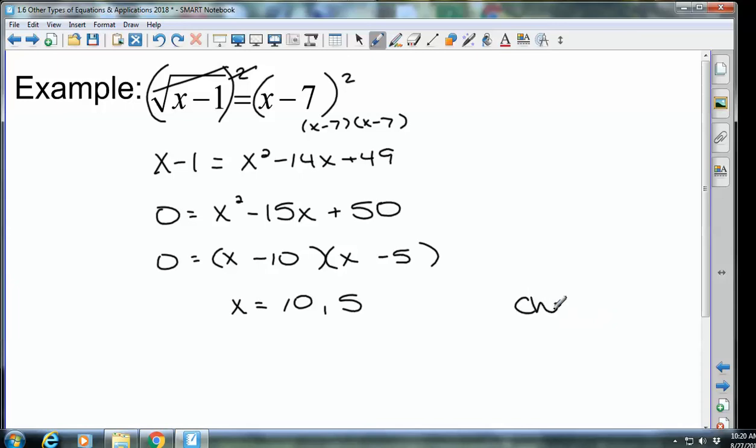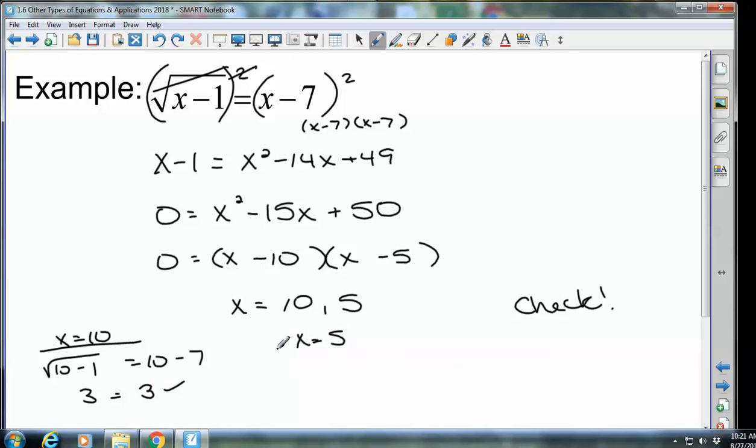But what should we be doing now? Check. You always want to go back to the original when you check. So, to check x equals 10, if I plug that in, I get square root of 9, which is 3, 10 minus 7 is 3, so that one's fine.